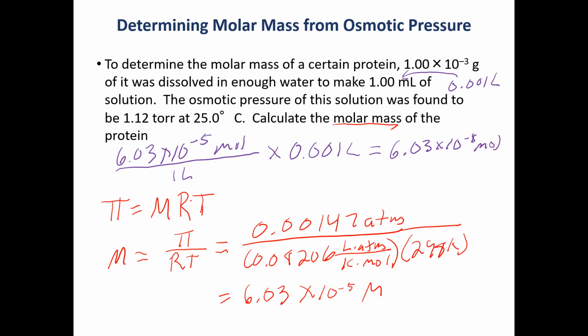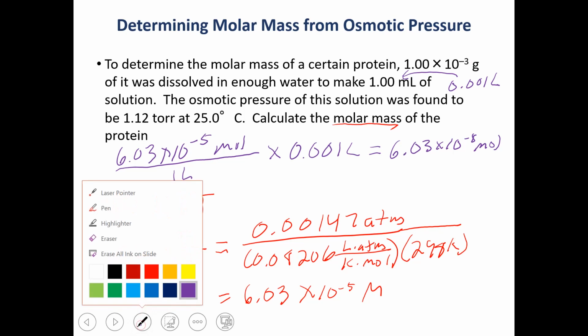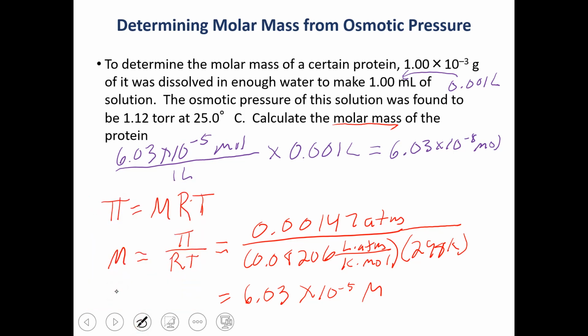And then in our last step, we have 1.00 times 10 to the negative 3 grams. So molar mass is in grams per mole. So we can take 1.00 times 10 to the negative 3 grams and divide that by 6.03 times 10 to the negative eighth moles.